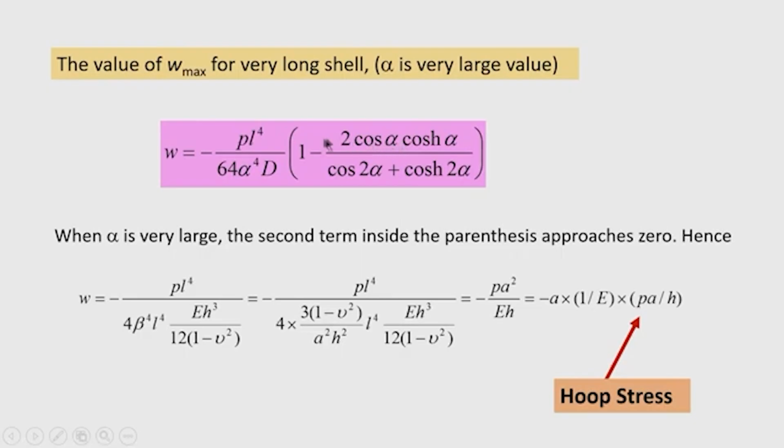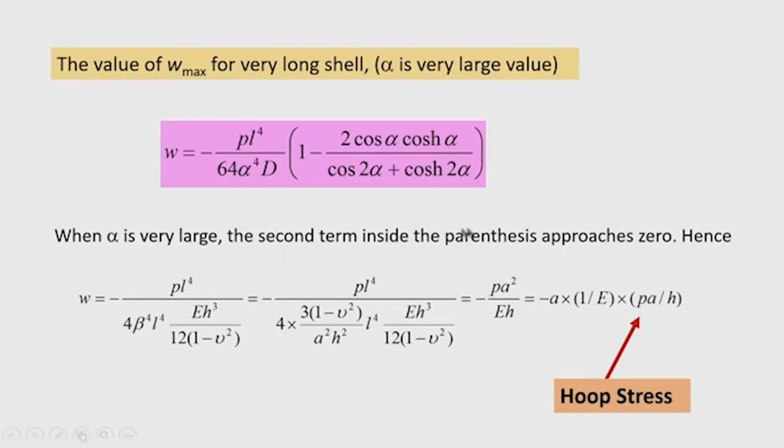Hence the maximum deflection for a very long shell is obtained as P L to the power 4 divided by 64 alpha to the power 4 into D, because this term can be ignored, since cosh 2 alpha will be very large because of this large length L, alpha being beta L by 2.